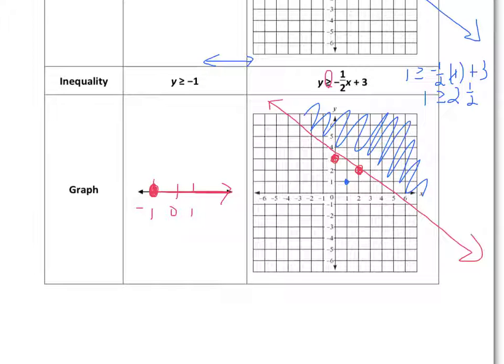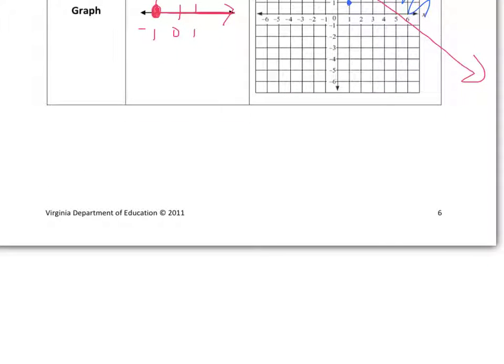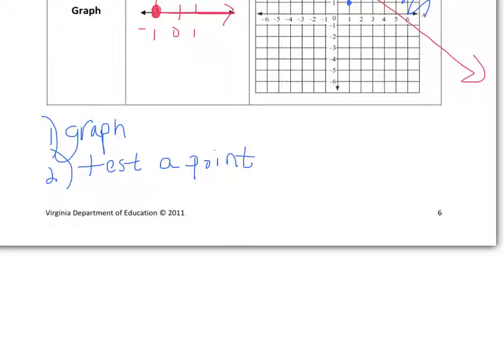Okay, so just to review, let's put the steps up here. Okay, so step 1, you're going to graph your equation. Step 2 is you're going to test a point. And step 3 is you're going to shade the side that contains the point.